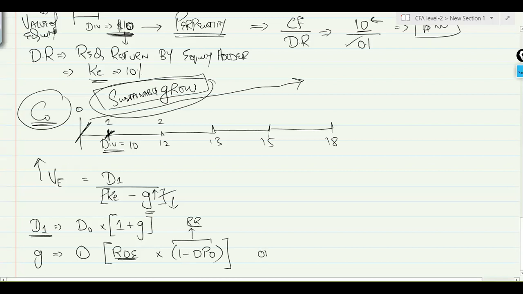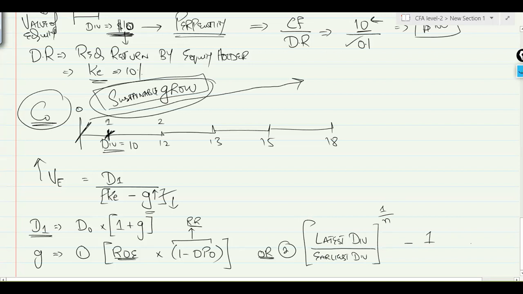Or there's another way also, the second way: latest dividend paid divided by the earliest dividend, to the power of 1 upon the number of years between the latest dividend and the earliest dividend, minus 1.